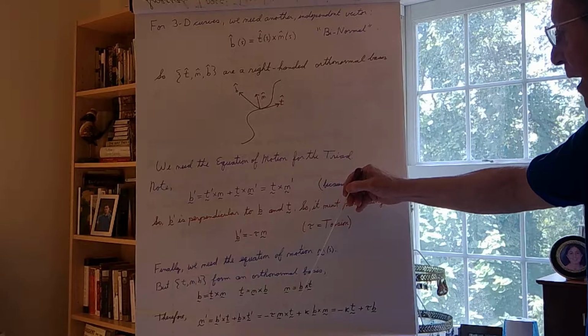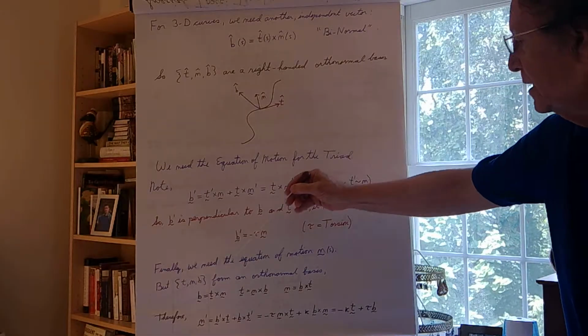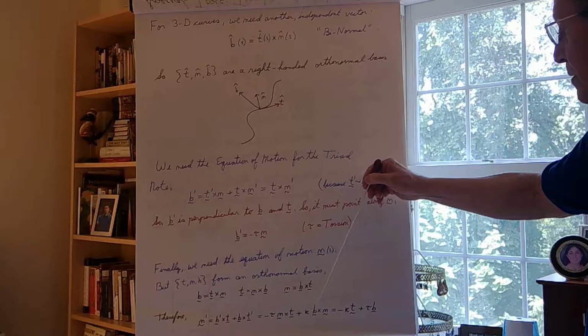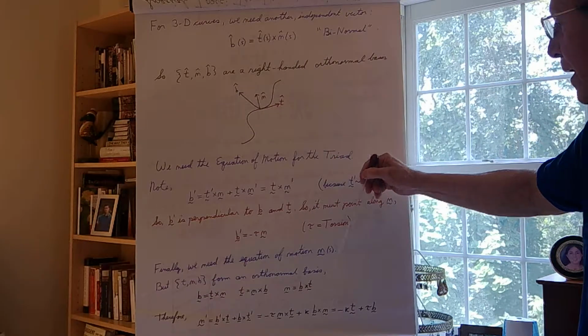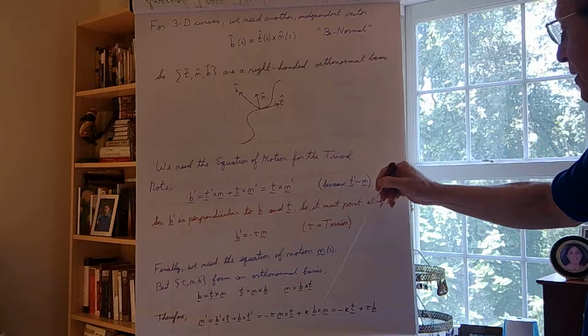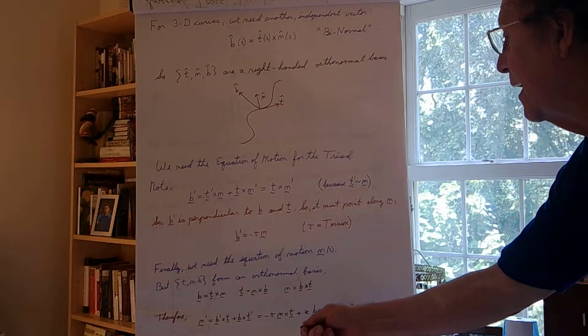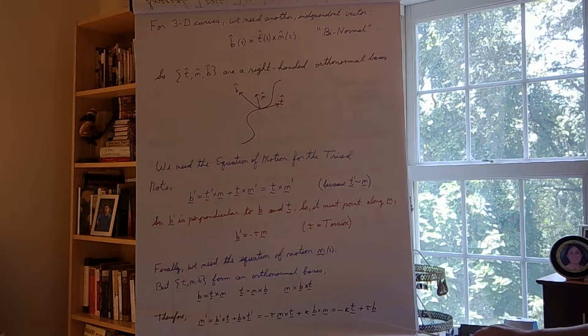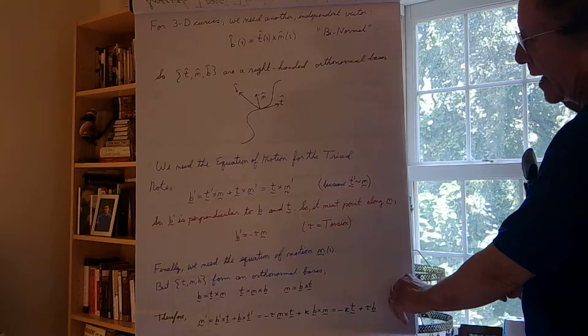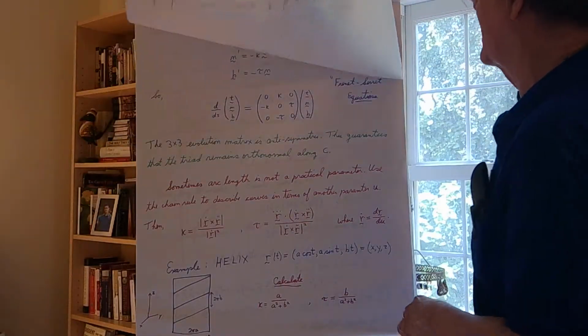N cross t. Here's t cross n, so n cross t is minus b. Here's b cross n, and I know that t is n cross b, so that's minus t. I put those in there, and I see finally that n prime is equal to minus kappa t plus torsion b, and that's my last equation of motion that I need for the triad.